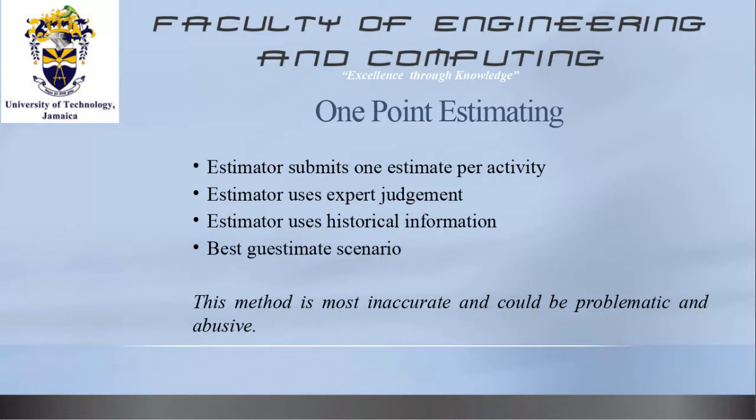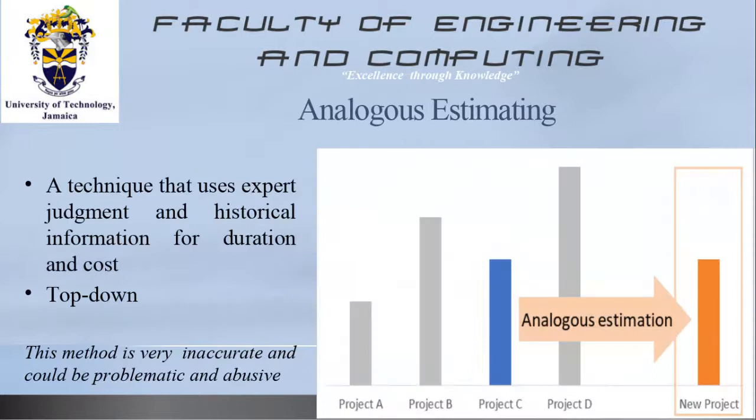The estimator uses expert judgment, uses historical information, and so basically the estimator is using a best guesstimate scenario. This is horrendously dangerous, and we should try to avoid it as much as possible. Then there is what is referred to as analogous estimating.